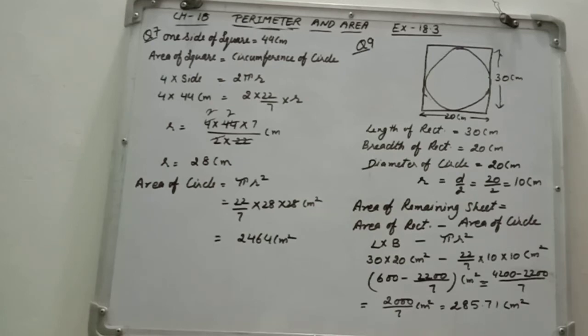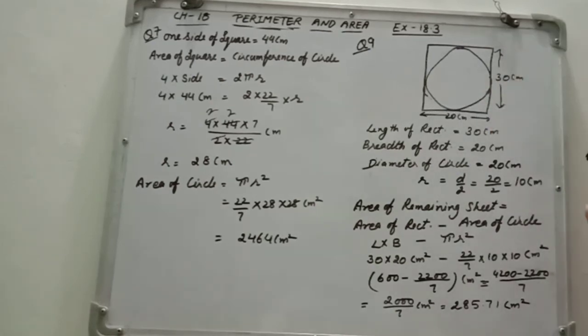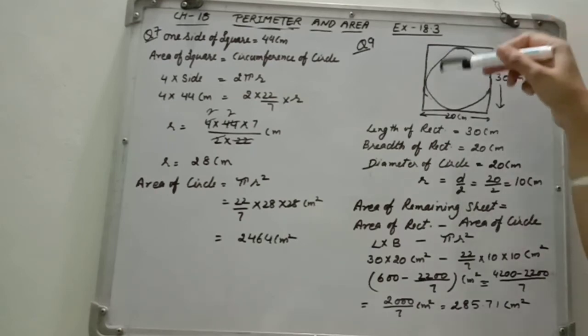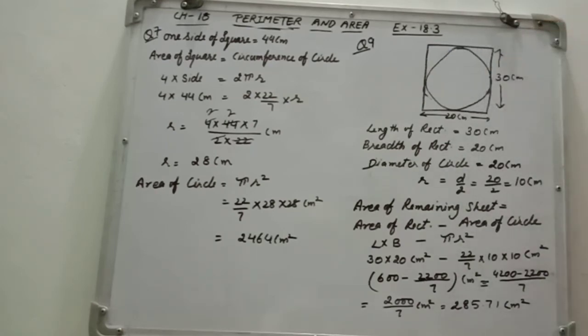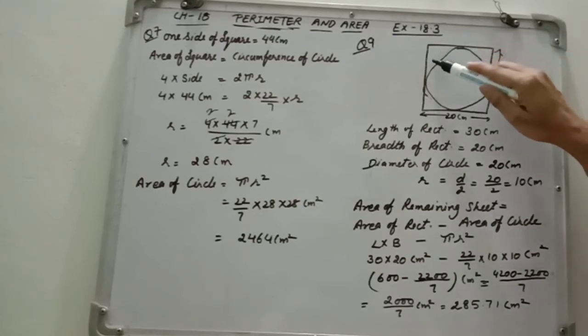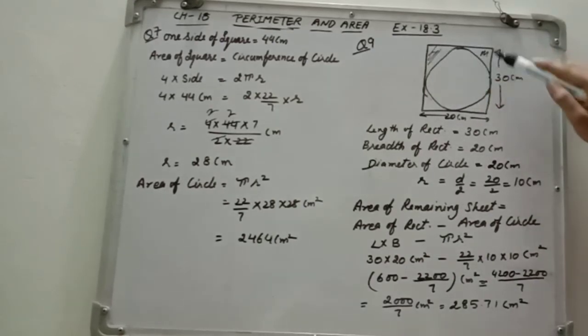Okay. A rectangular sheet is given to you, whose length and breadth are given to you, 30 by 20. Okay. They said they cut one big circle from this sheet. From one rectangular sheet they cut one big circle. Then they said find the area of the remaining sheet. This one is the remaining sheet.